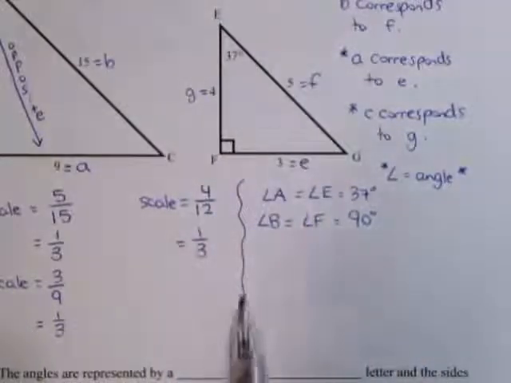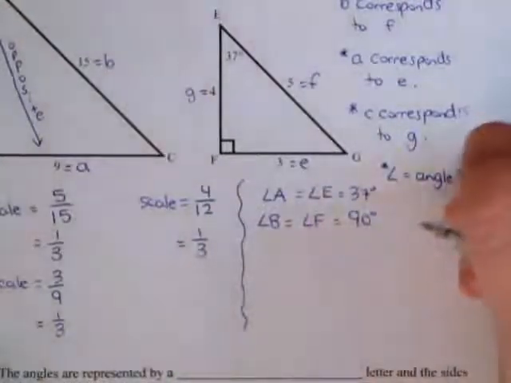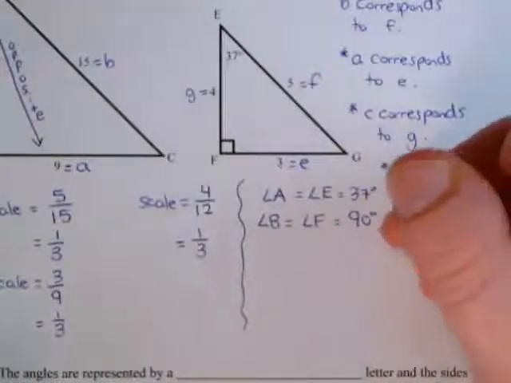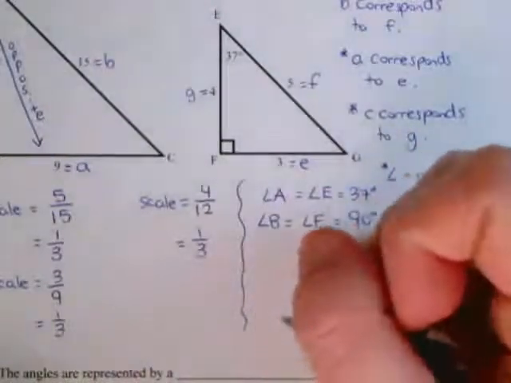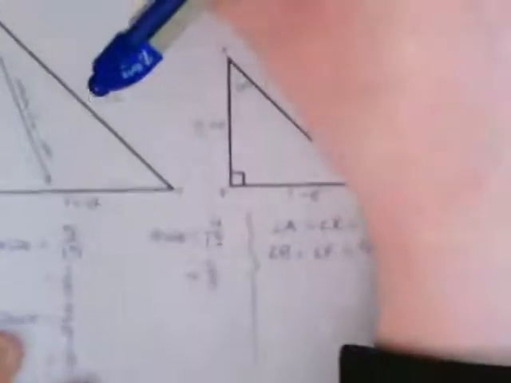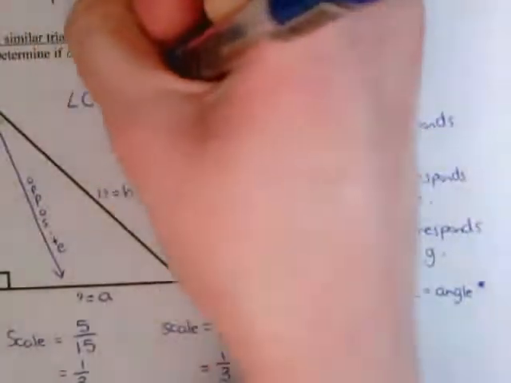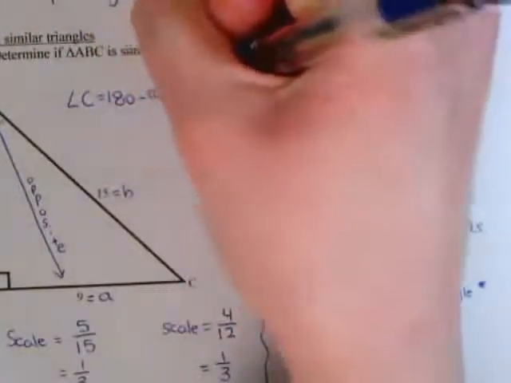So what you get here is a little bit of math just off to the side here. In order to figure out angle C, I have to do 180 degrees and then subtract the two angles that I know, and that will give me a value of 53 degrees.